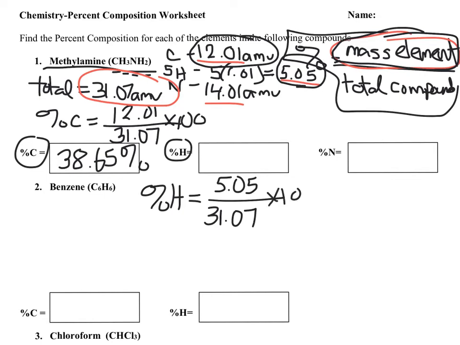Don't forget, we want to multiply that by 100 to get that into nice decimal form. When you do 5.05 divided by 31.07 and multiply it by 100, you end up getting about 16.3%. So that means, by mass, 16.3% of this compound is made of hydrogen.